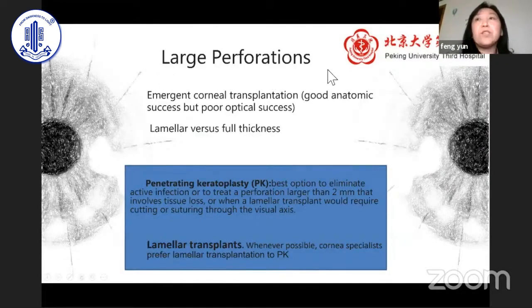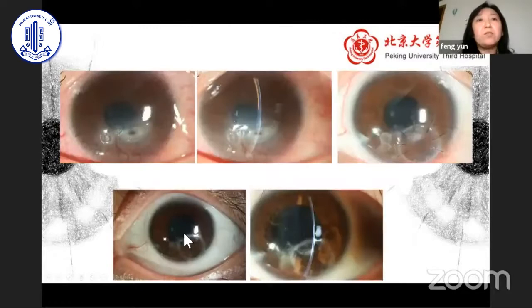And for large perforations, if you can rule out infections, we can use PKP with a larger piece graft. Laminar transplant is always recommended for corneal surgeons because it has very good results, much better than penetrating keratoplasty. Those patients will use the double layer technique to heal the micro perforation.